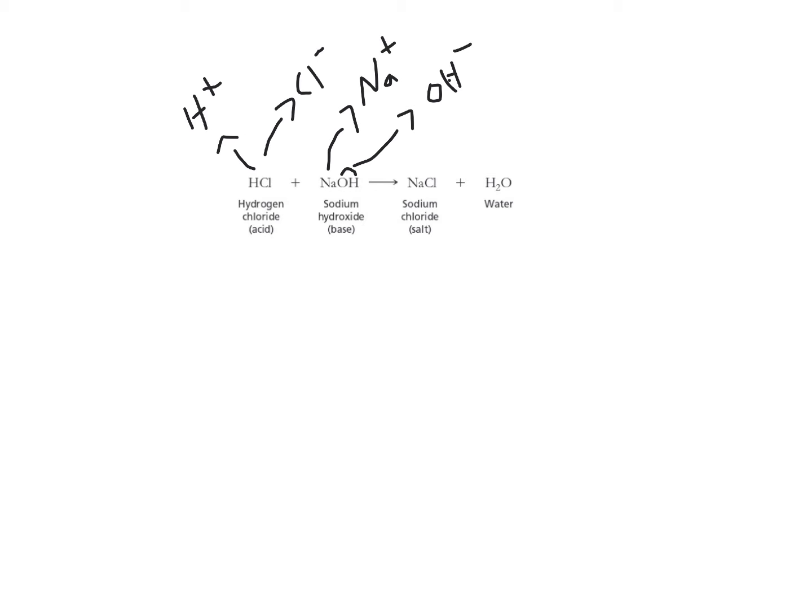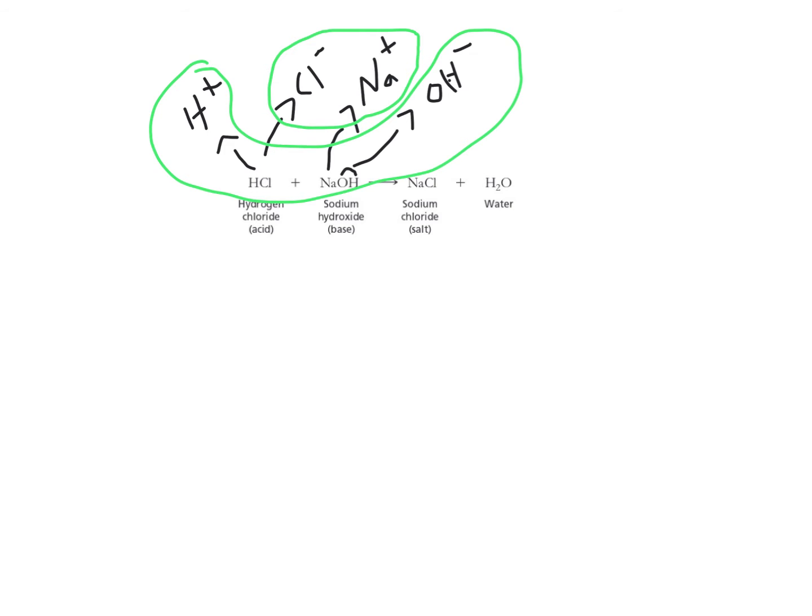And so we can see that the Na and Cl are going to combine to form table salt, and the hydrogen and the hydroxide ions are going to combine to form water.